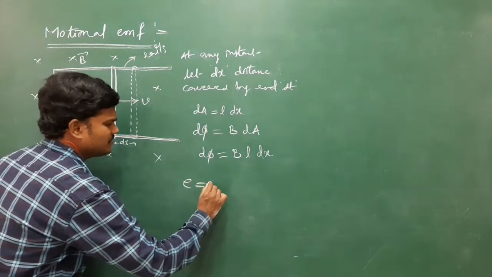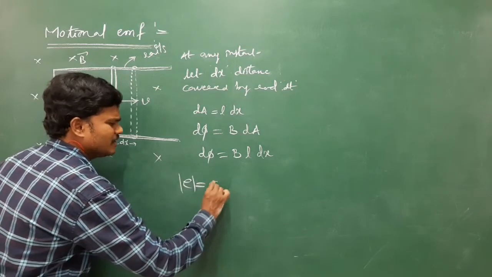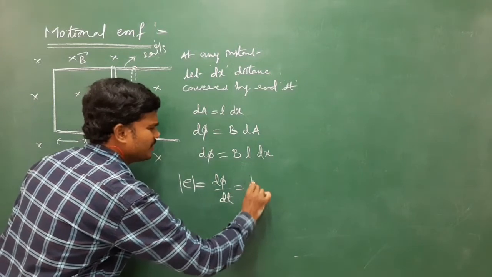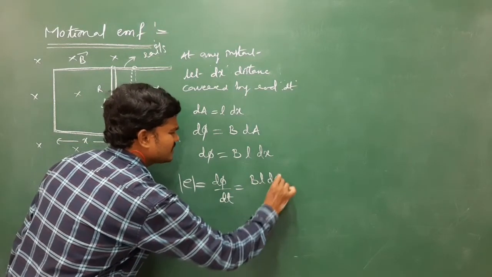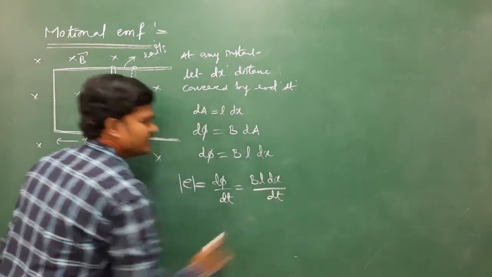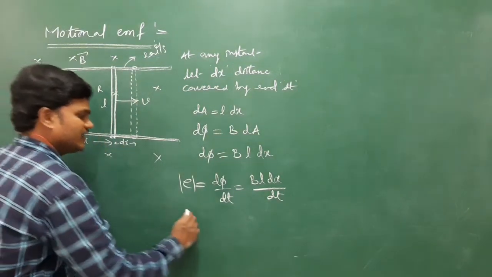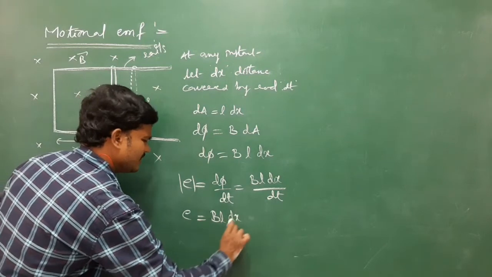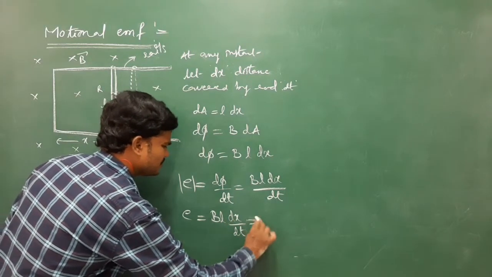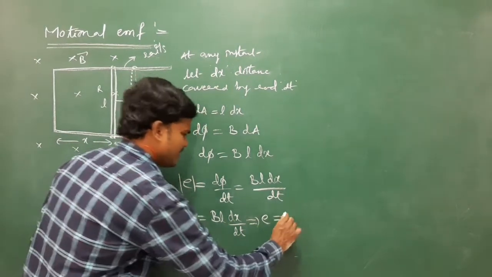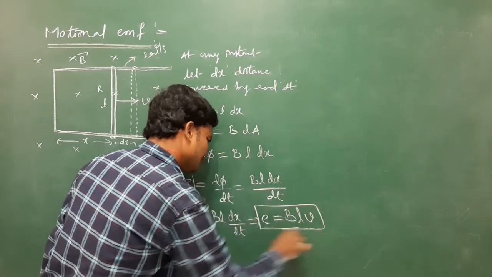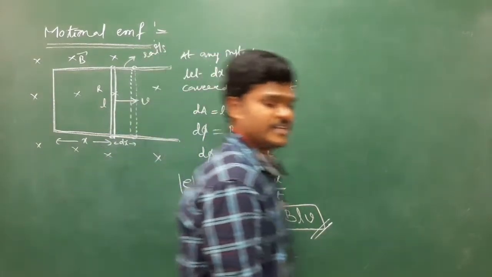So the induced EMF we can write as d phi by dt. So d phi is B L dx by dt. So EMF is equal to B L dx by dt. So the EMF we can write as BLV.